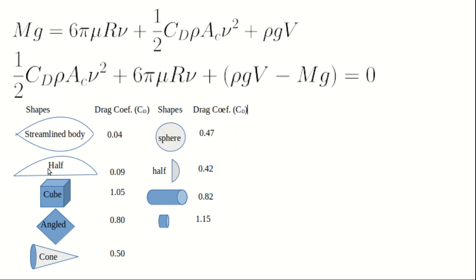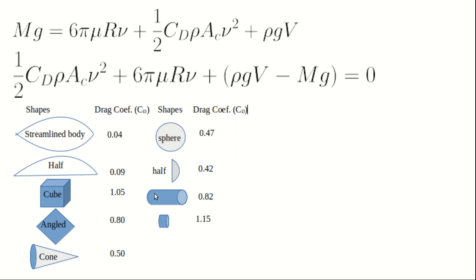So for this half streamlined body moving in this direction, the drag coefficient is 0.09, which is higher than that of the streamlined body. For a cube moving in this direction, it is 1.05; for an angled cube, 0.8; for the cone moving in this direction, 0.5; then the sphere, and half of a sphere, you have this.